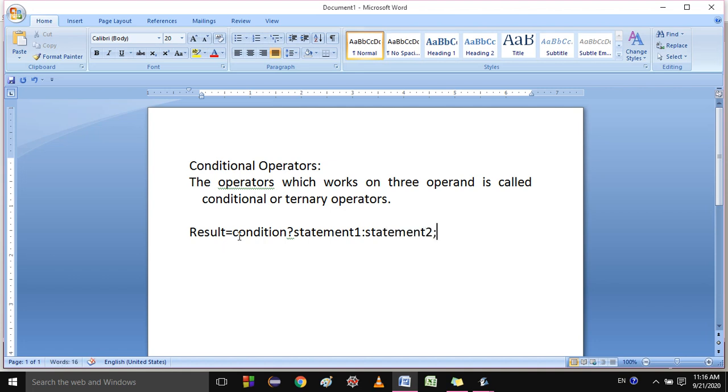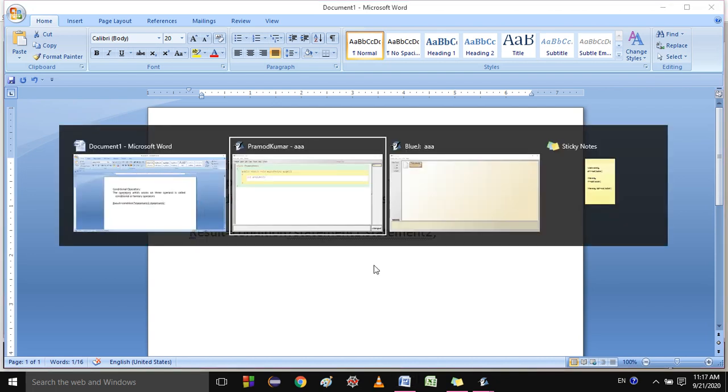What does it mean? If the given condition is satisfied, then the first statement will be printed. If the condition is not satisfied, then the second statement will be printed and it goes to the result. When I print the result, I will get the answer.